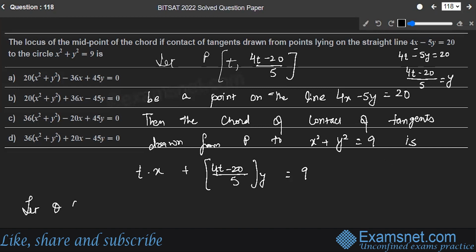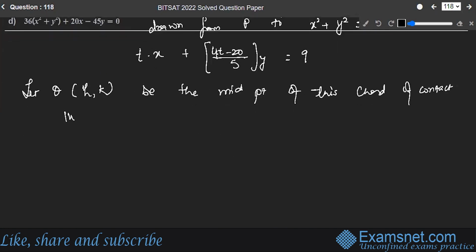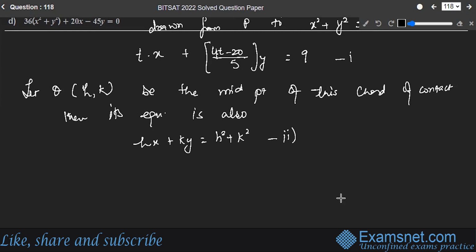Now let's say (h, k) be the midpoint of this chord of contact. Then its equation is also given by hx plus ky is equal to h squared plus k squared. Let's say this is number 2 and this is number 1.